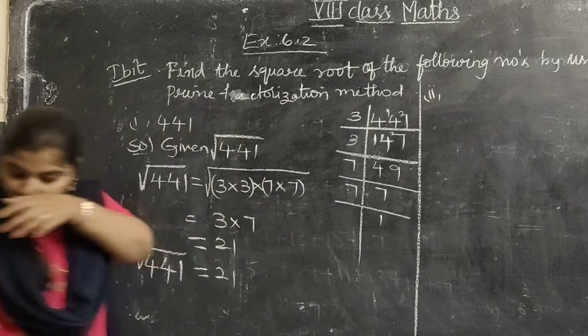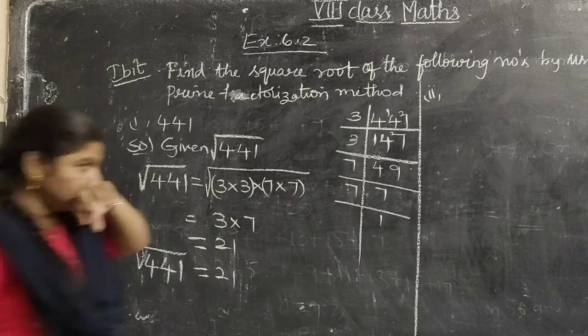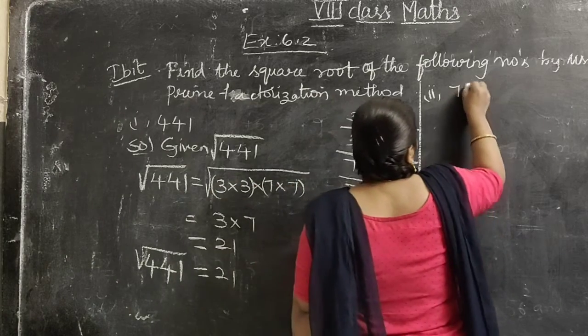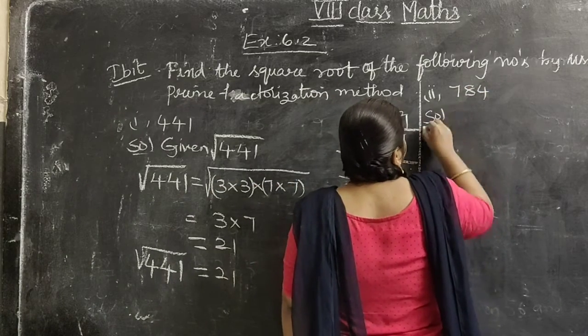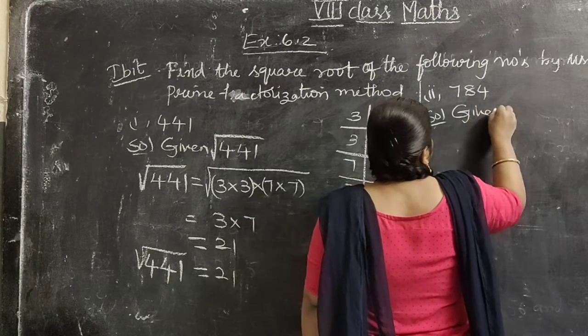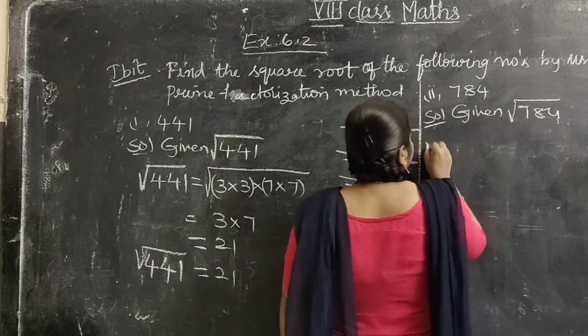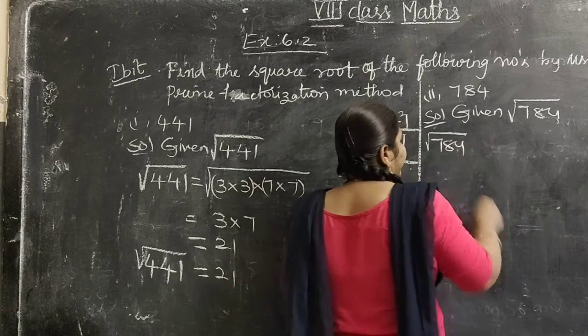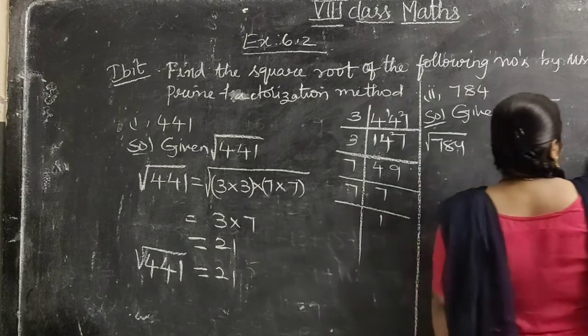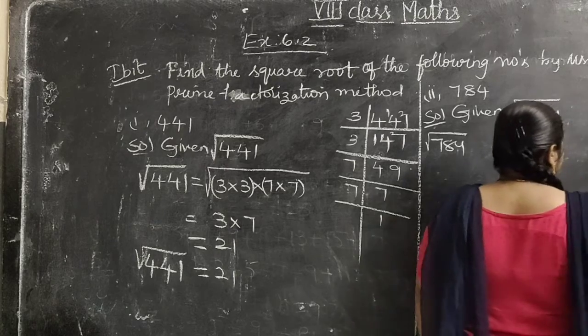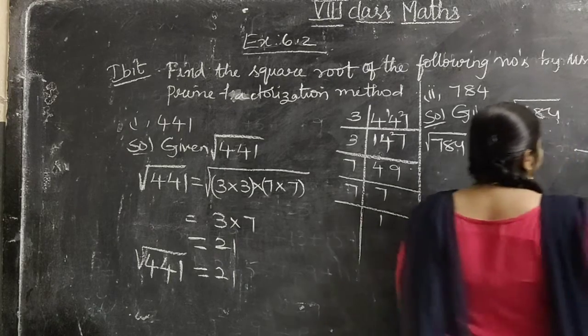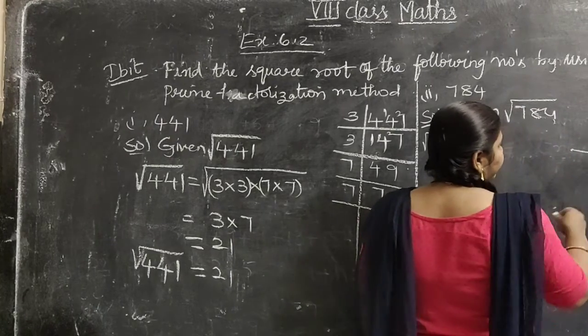Second one is 784. So we have to find the square root of 784 now. So first find the prime factorization of 784. So it will go in 2 table because last digit is an even number.